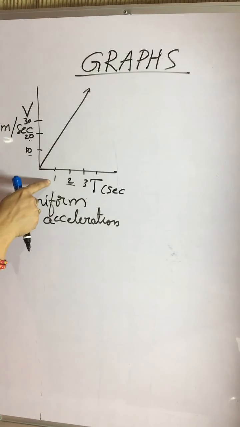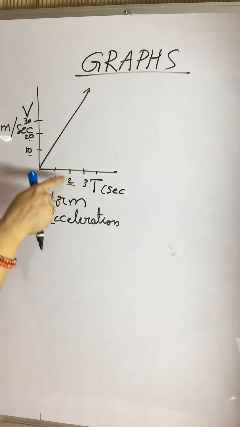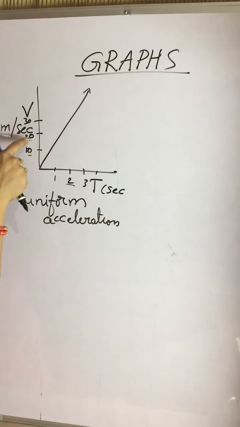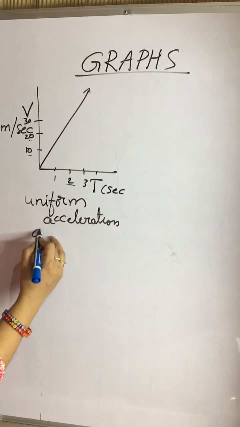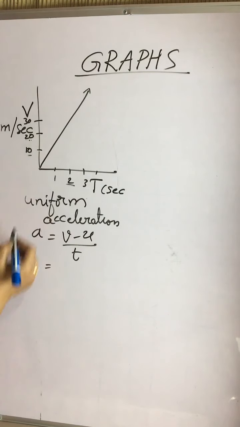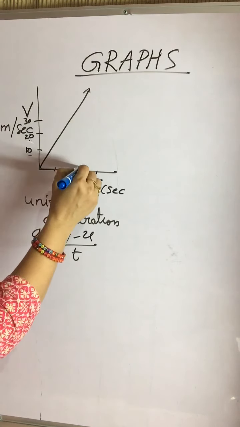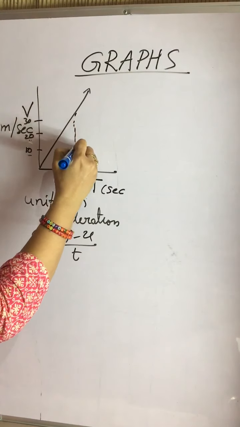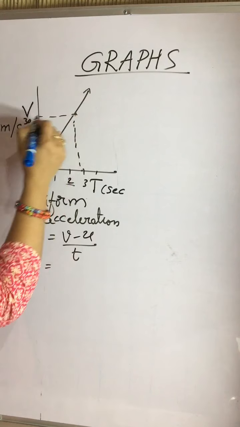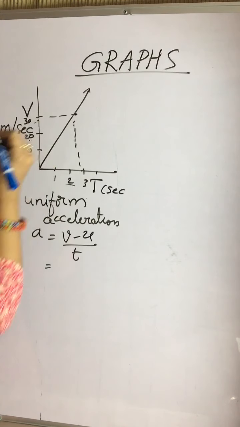See, at 1 second 10 meter per second, at 2 seconds 20 meter per second, at 3 seconds 30 meter per second. That means everywhere when you calculate acceleration a equals v minus u upon t. Suppose we take 3 seconds and we get velocity 30 meters per second.